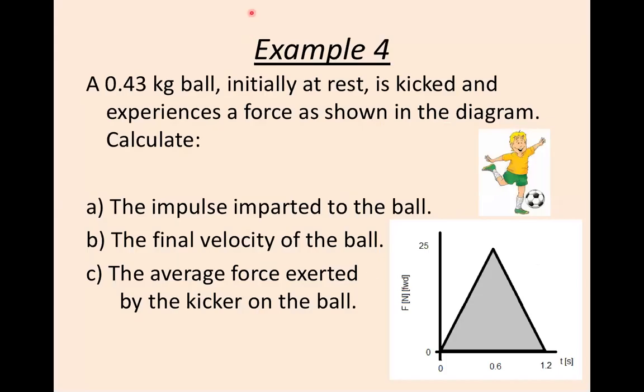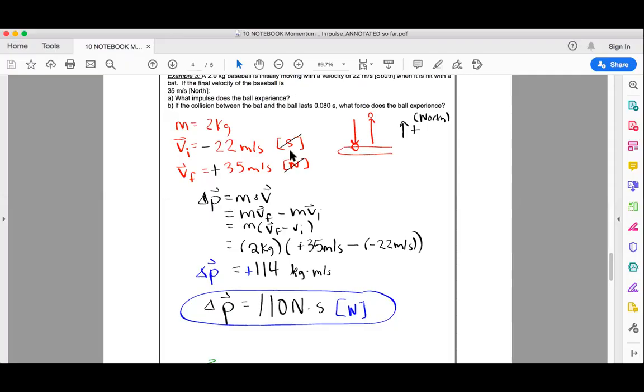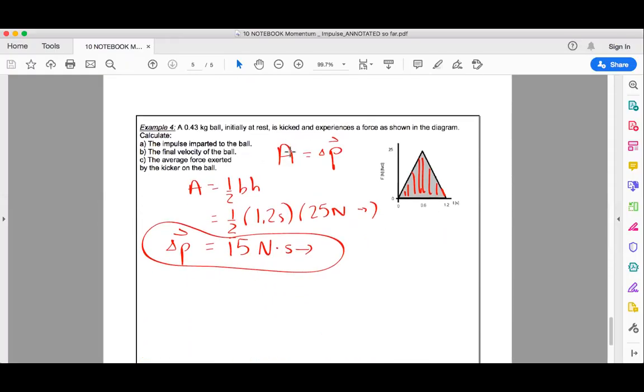So our last example, we have a 0.43 kilogram ball initially at rest that is kicked and experiences a force as shown in the diagram. The force time graph is given.